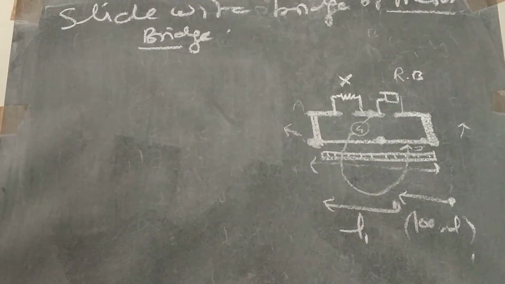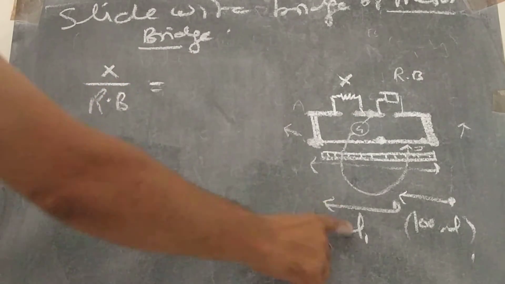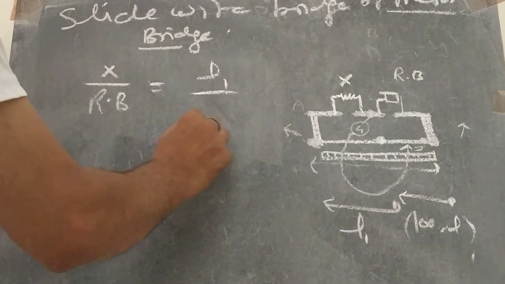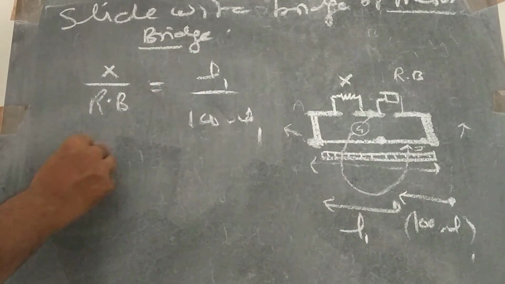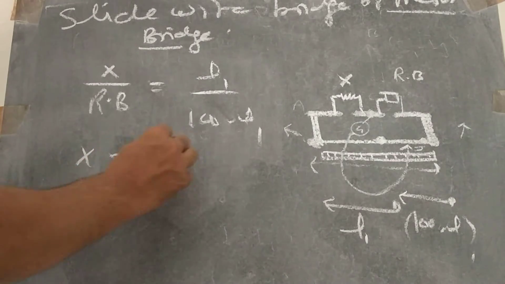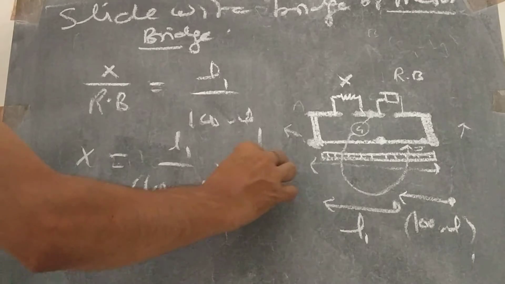In this situation, X by RB, that is known resistance, must be equal to L1 by 100 minus L1. So L1 is known, so X can be L1 by 100 minus L1 into RB.